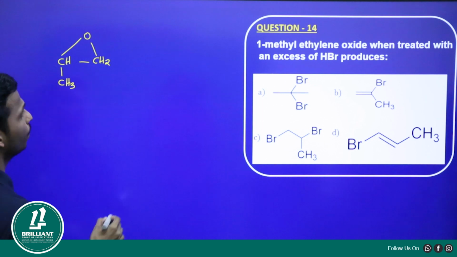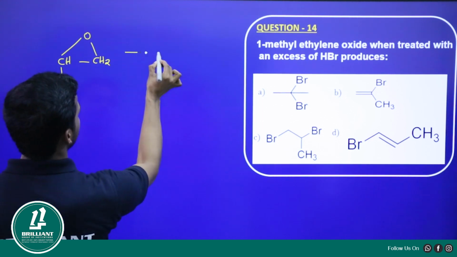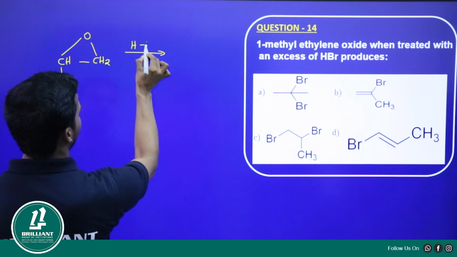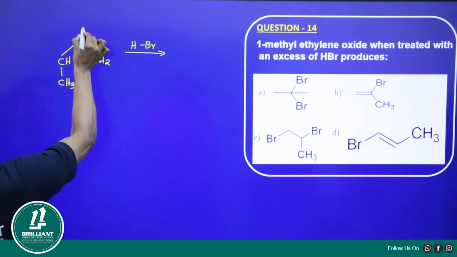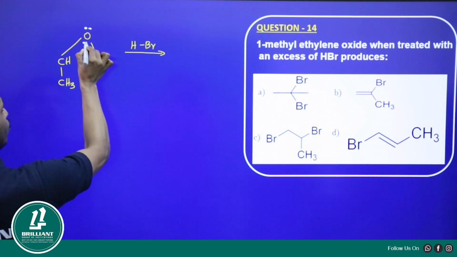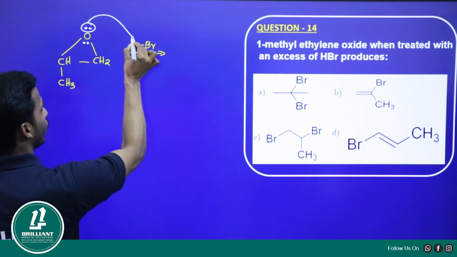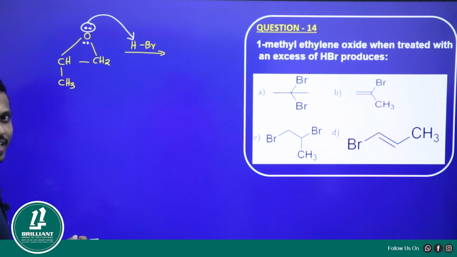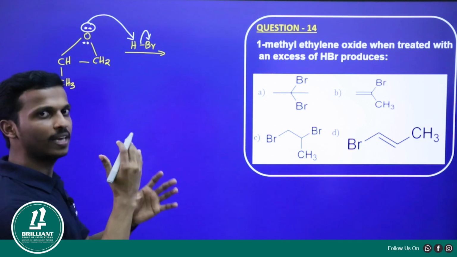Good. Now, it is treated with HBr. This oxygen has two lone pairs. By using one of the lone pairs, it can abstract the hydrogen. So this bond shifts to Br, and Br becomes Br minus.